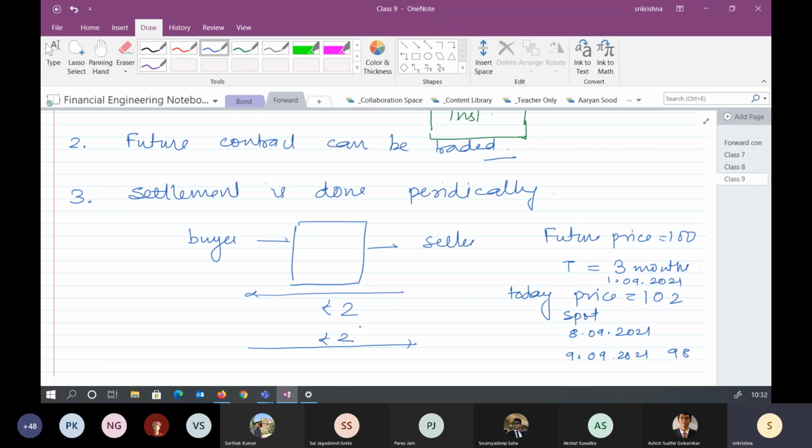So this 2 rupees extra will be paid from the seller to the buyer, so that apart from 100, he can add these 2 rupees and buy from the spot market. And if the price has become 98, it means the price is less now, right?